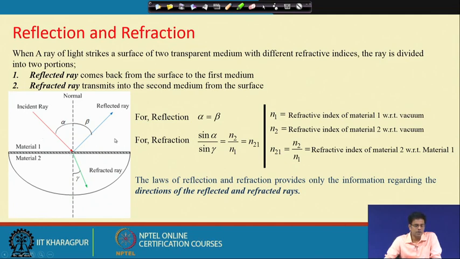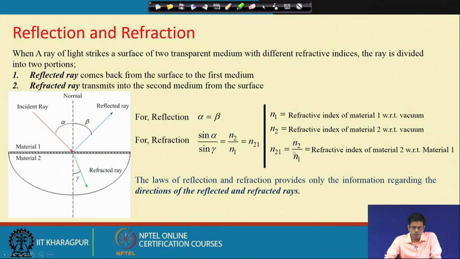When alpha and beta are the same, then it is called pure reflection, and then when some of the rays go into the second medium, if this makes an angle gamma with the normal, then sin alpha by sin gamma is n2 by n1, where n1 is the refractive index of material 1 with respect to vacuum, and n2 is the refractive index of material 2 with respect to vacuum.